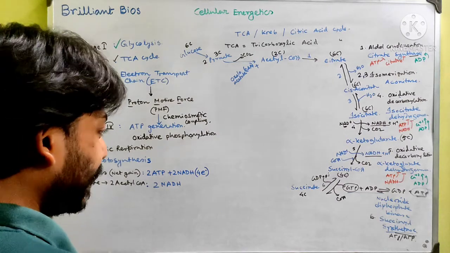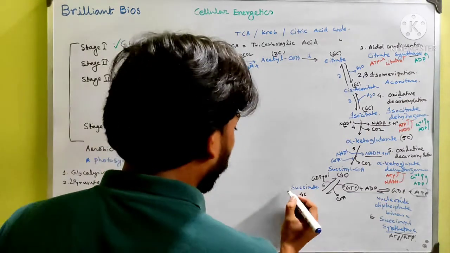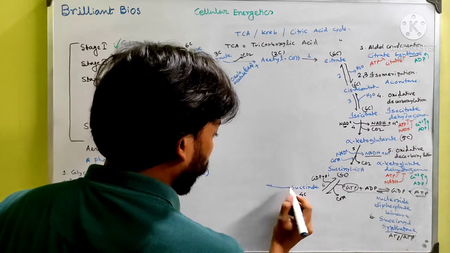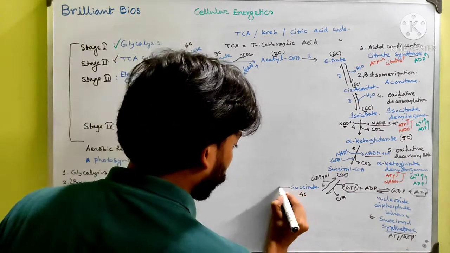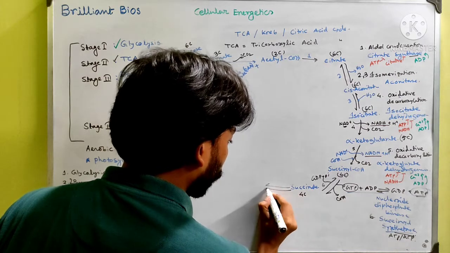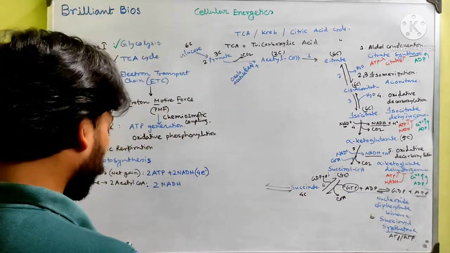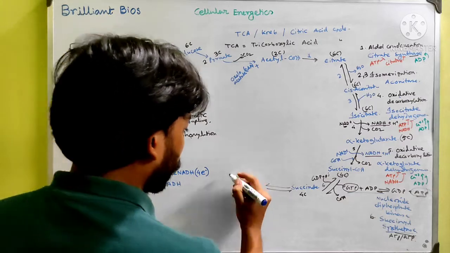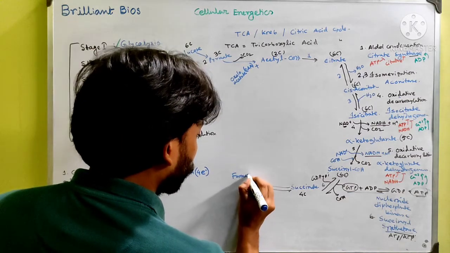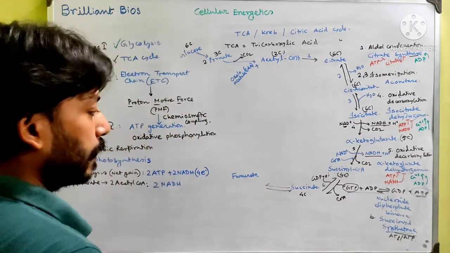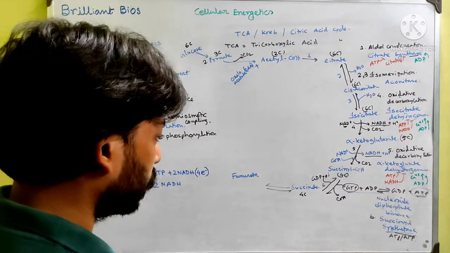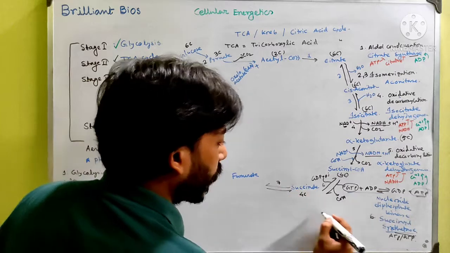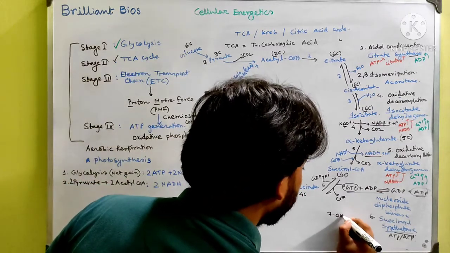Now from succinate, it produces a product, and this step is reversible, and produces fumarate. This seventh reaction is called oxidation.